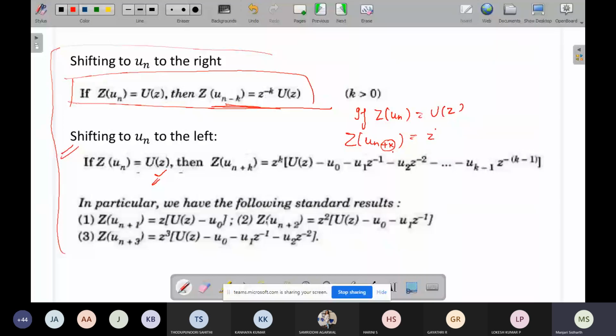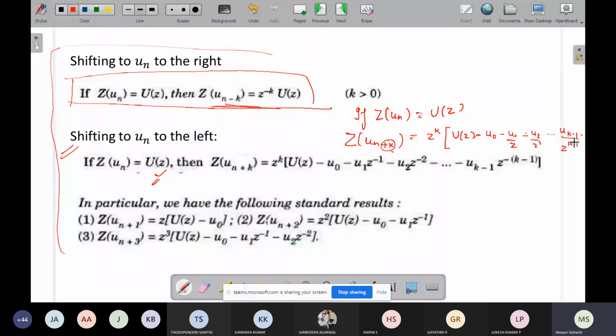So starting from z power k, Uz minus u naught minus u1 by z minus u2 by z square, and it will go up to u k minus 1 by z power k minus 1. If it is k, it will go up to k minus 1.